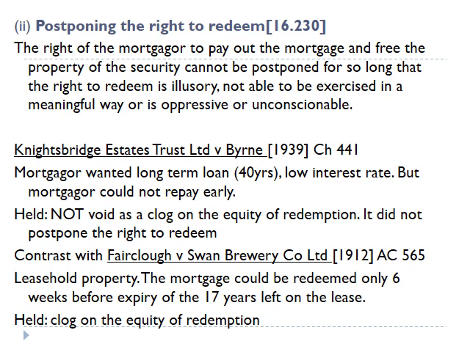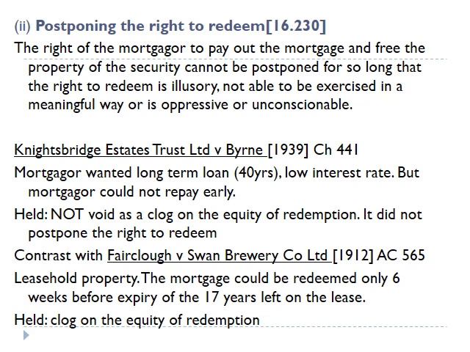The test for this was set out in the case of Knightsbridge Estates Trust and Burn. Here, the right to redeem the mortgaged property on a payment of principal, interest and costs appeared to be postponed for a period of 40 years from the commencement of the loan.